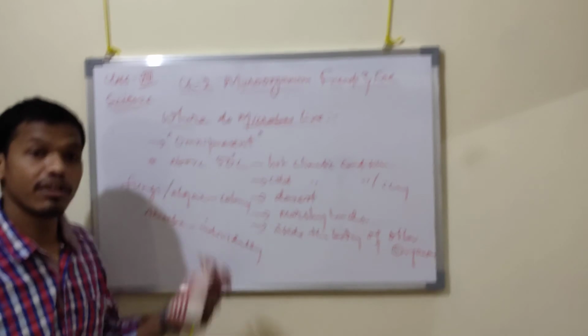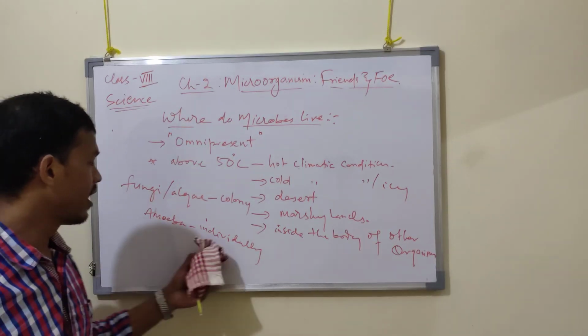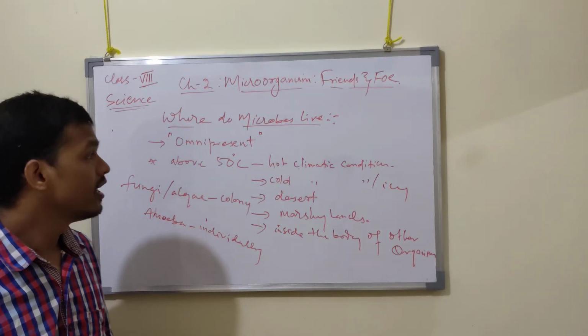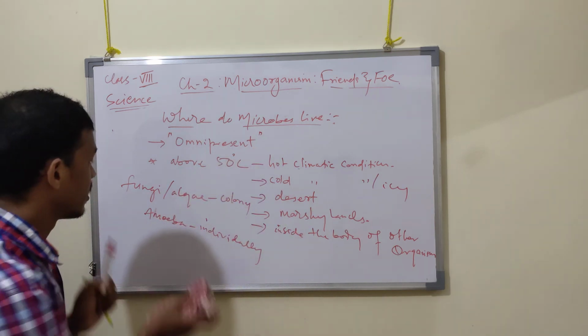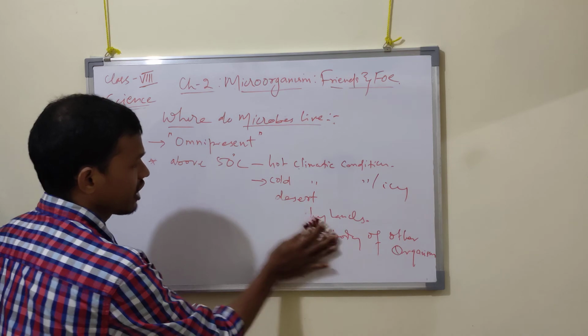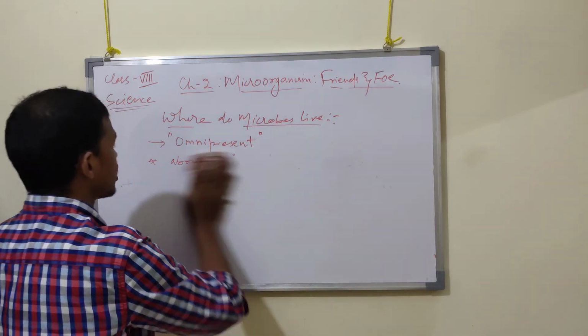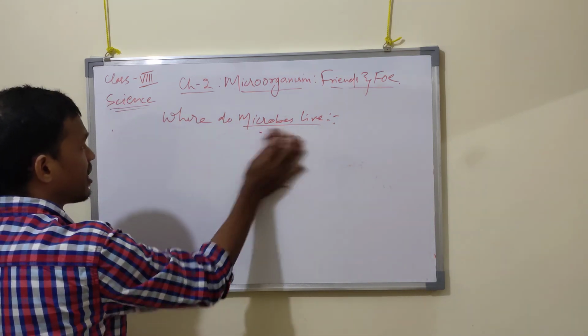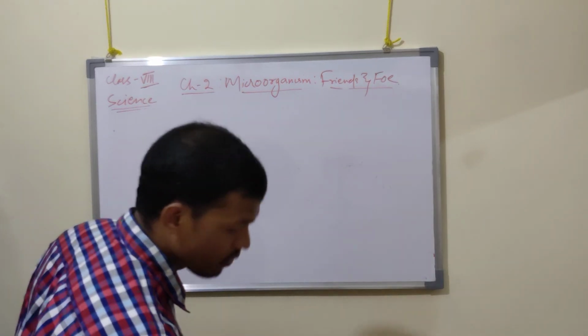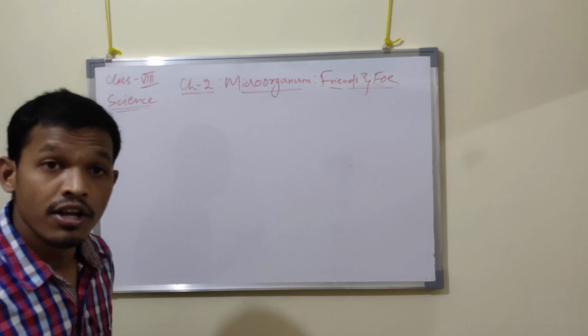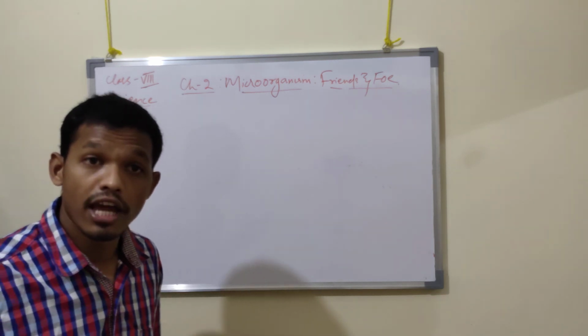So fungi and algae live in colonies, while amoeba lives individually. These are the places where microorganisms are omnipresent: hot conditions, cold conditions, icy areas, salty areas, marshy lands, or inside other organisms' bodies.